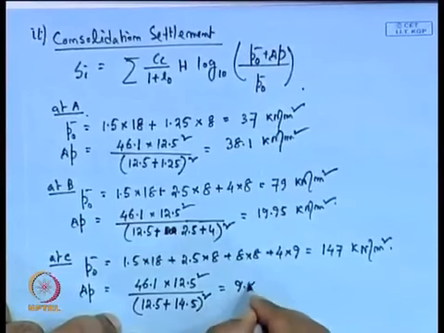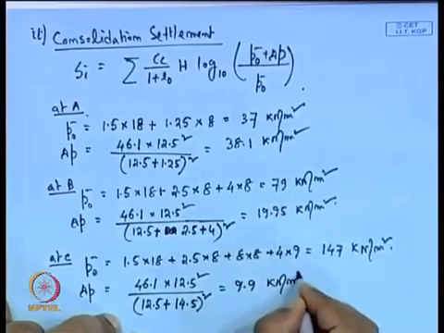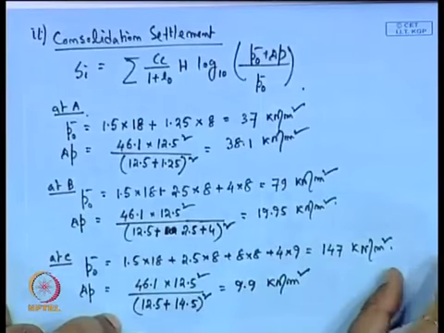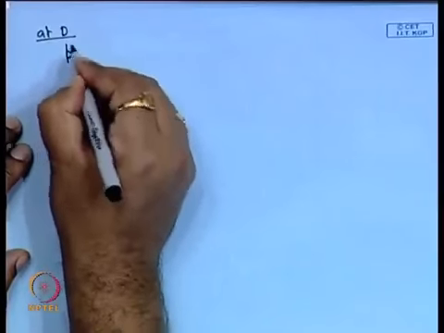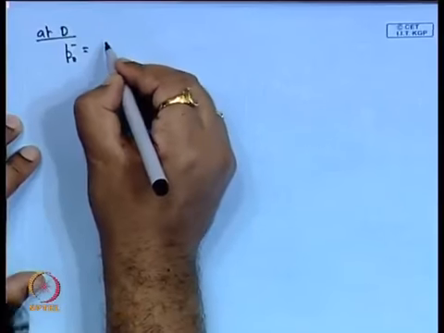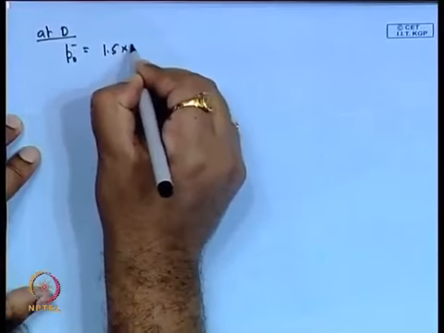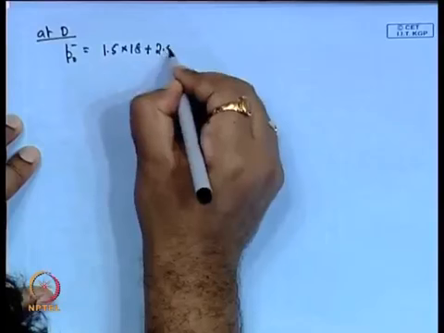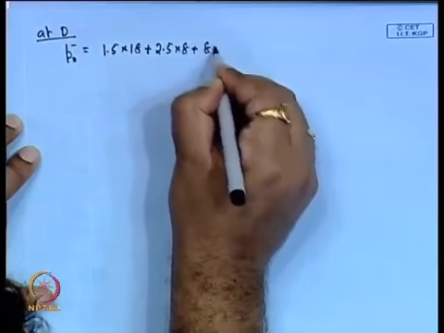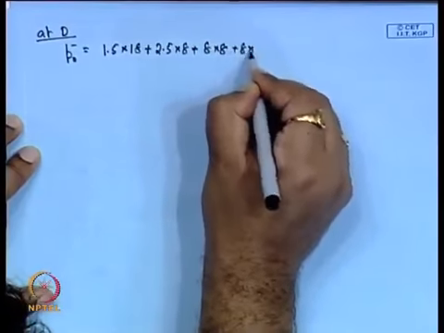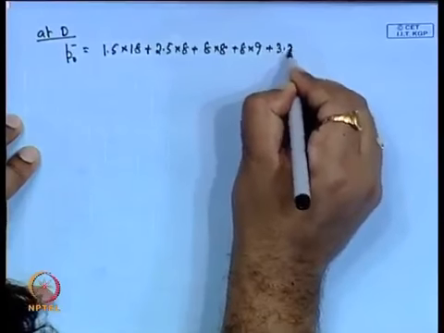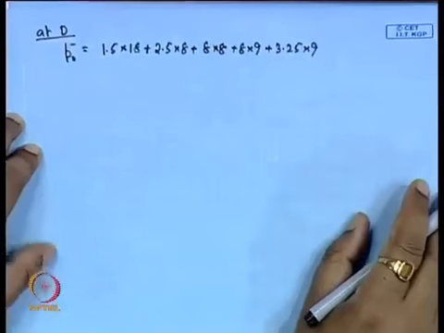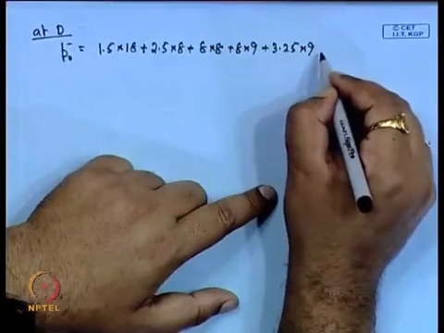So this value is 9.9 kilonewton per meter square. Similarly, we can calculate at point D. P0 bar is 1.5 into 18 plus 2.5 into 18 plus 8 into 18 plus 8 into 9 plus 3.25 into 9, because the D point is 3.25 distance from the third layer.